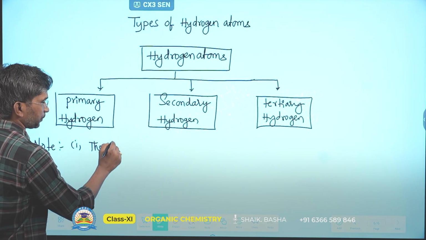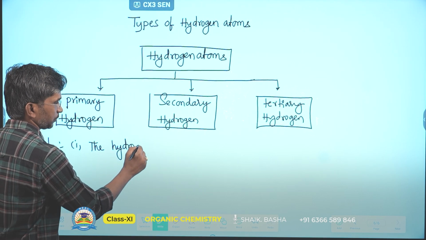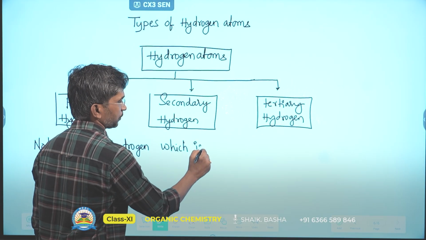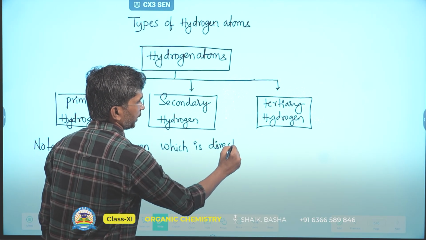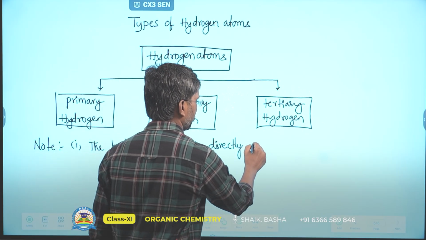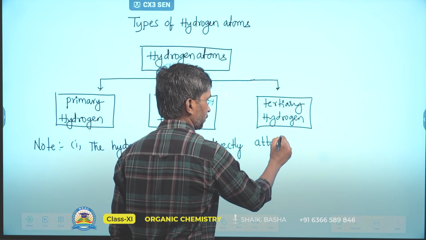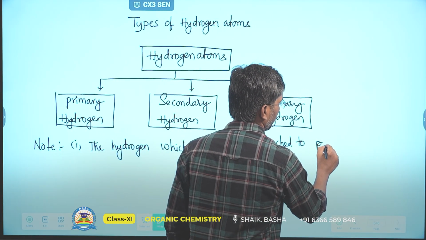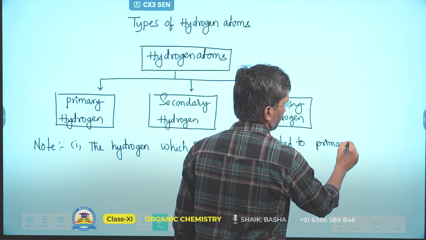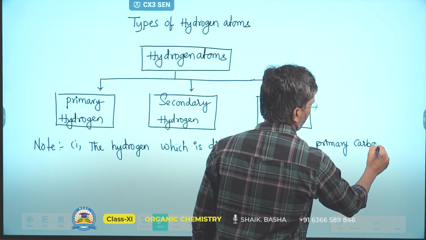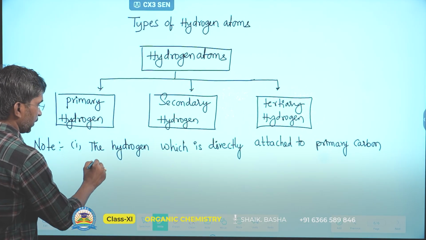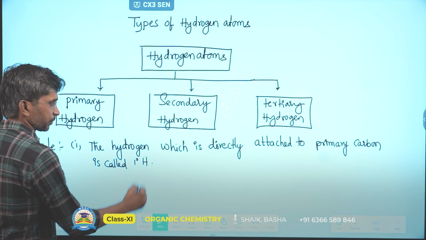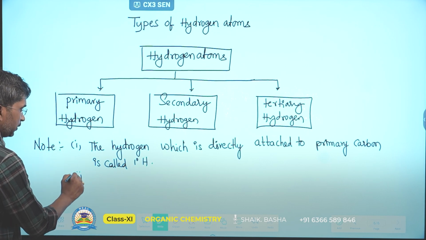The hydrogen which is directly attached to primary carbon is called primary hydrogen. What about secondary hydrogen?